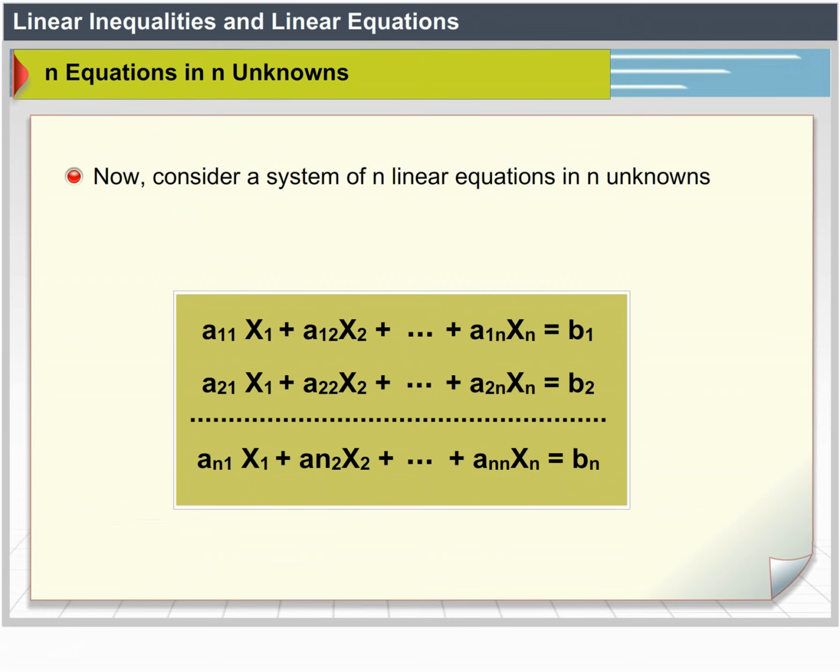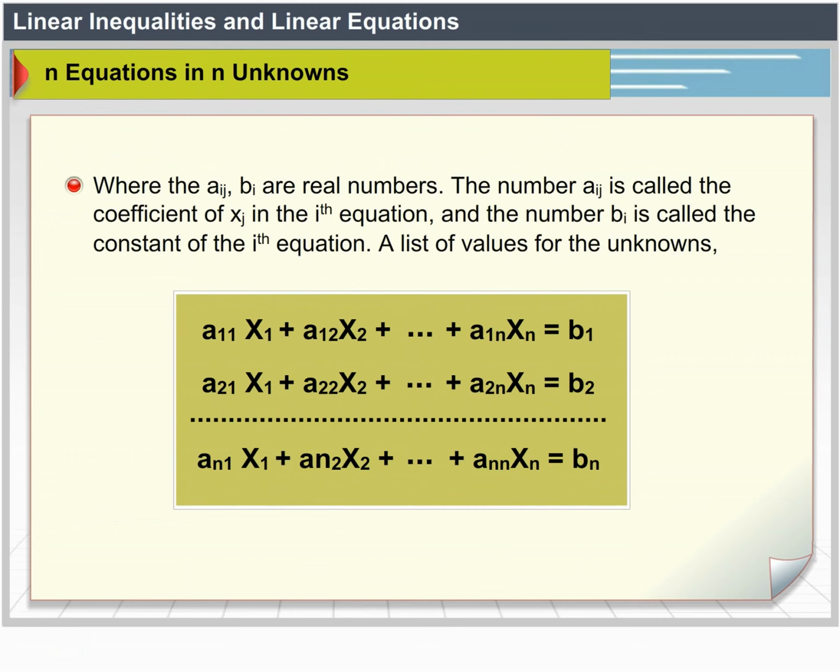It goes up to an1x1 plus an2x2 plus, up to annxn is equal to bn, where the aij, bi are real numbers. The number aij is called the coefficient of xj in the ith equation, and the number bi is called the constant of the ith equation.